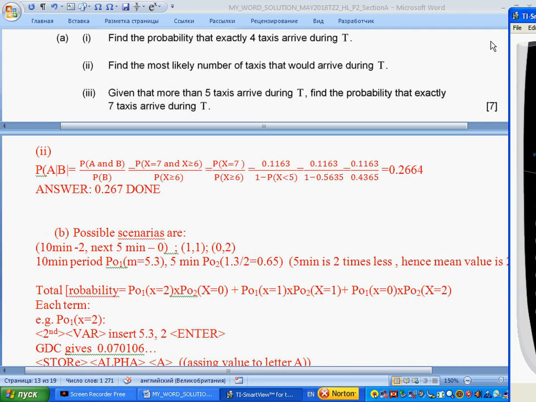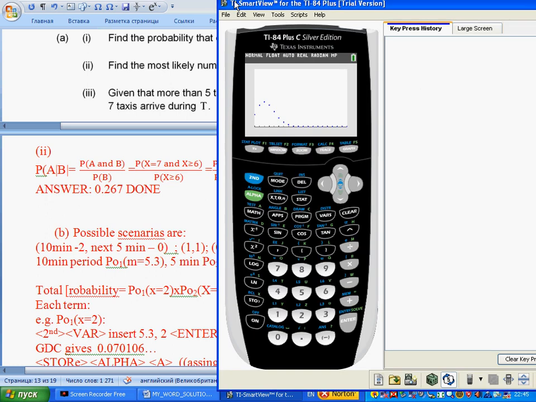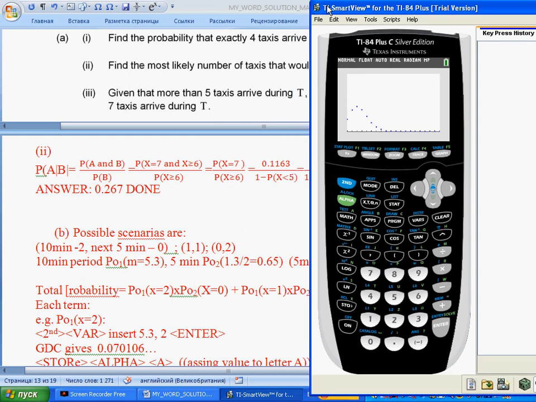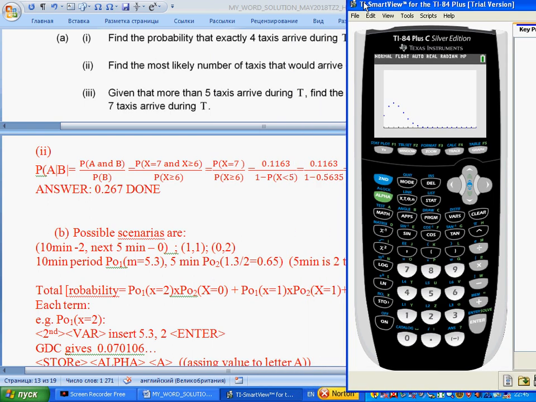Let's do it. Right. Okay. So clear works here. Very good. So first we go to second bars, Poisson, not cumulative, this one, PDF.